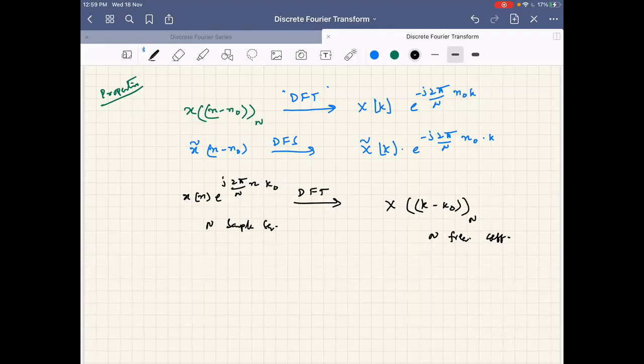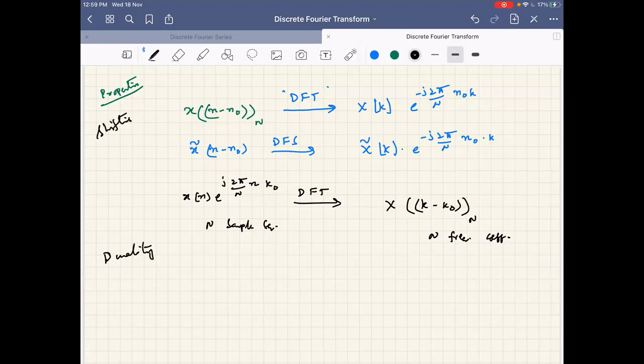Okay, and now let us write the duality property as well. So what did the duality property in... and this is the shifting property.